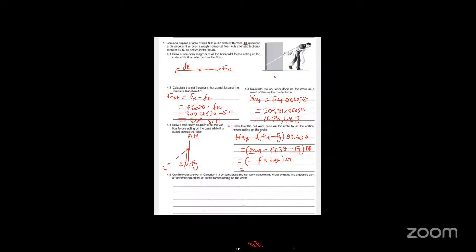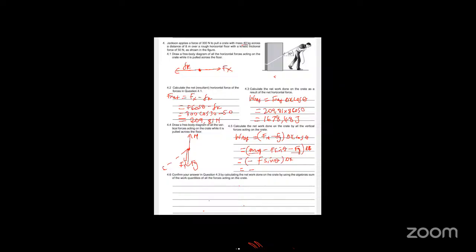So this negative F, oh no, let us substitute. Our F is that force. That force is going to give us what?